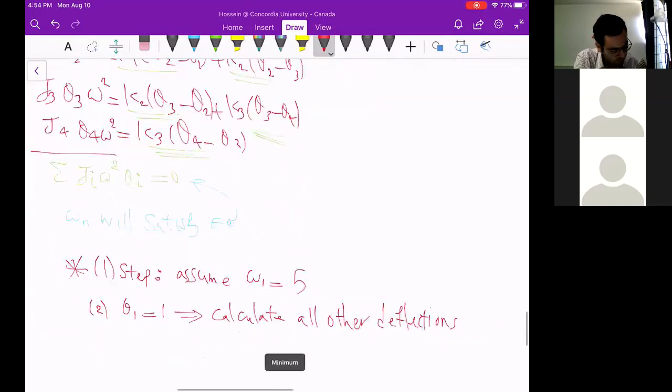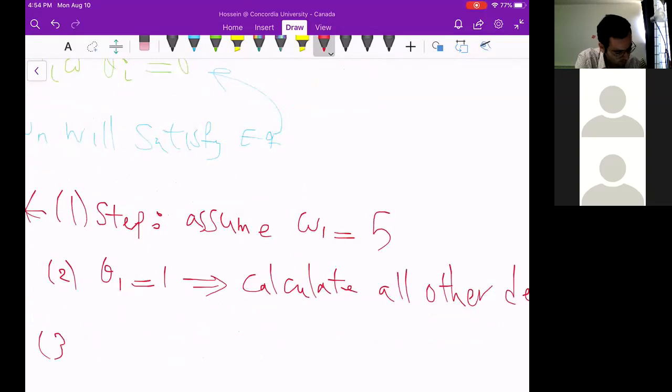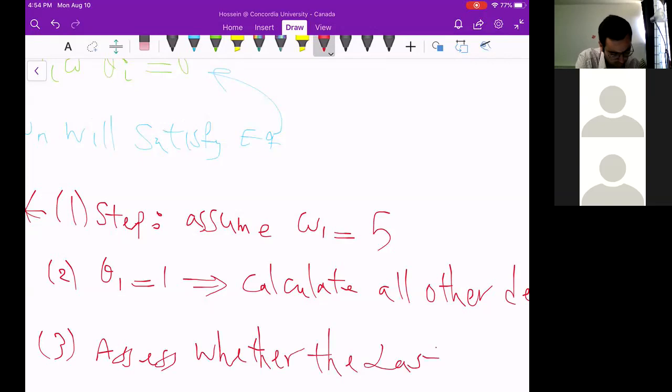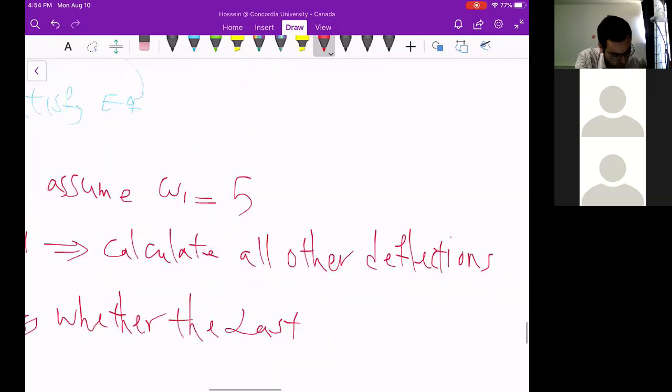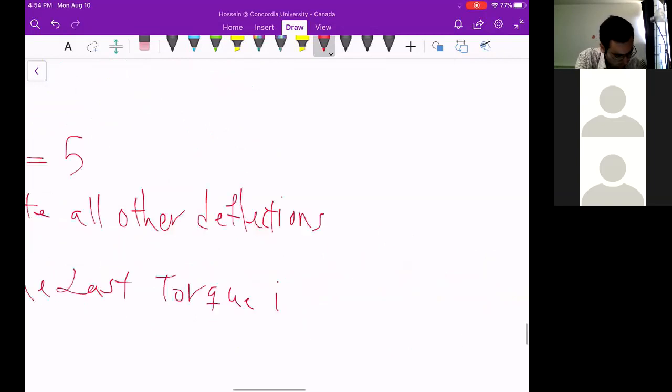And then calculate and assess whether the last force or torque is 0 or non-zero.